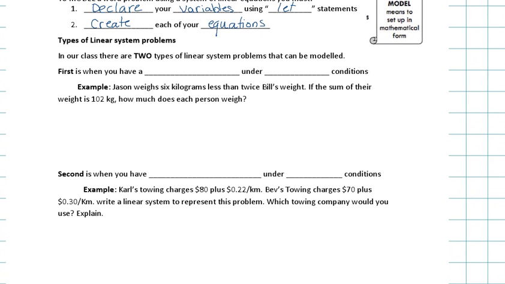So, there are 2 types of linear system problems that can be modeled. The first one is when you have a single scenario under different conditions.